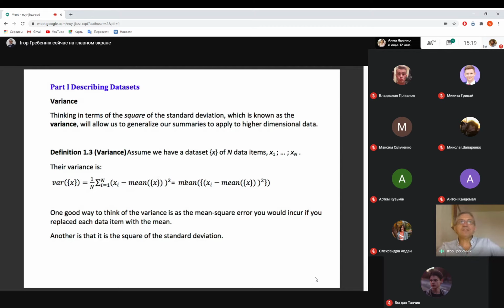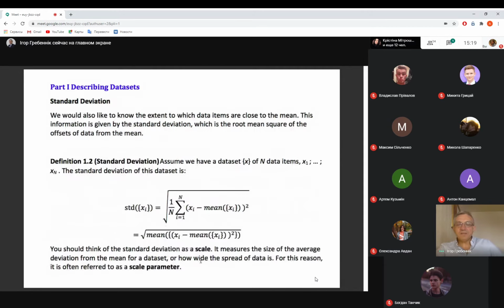These two characteristics represent numerical values of different scales. The scale of standard deviation is the same as the scale of the data.